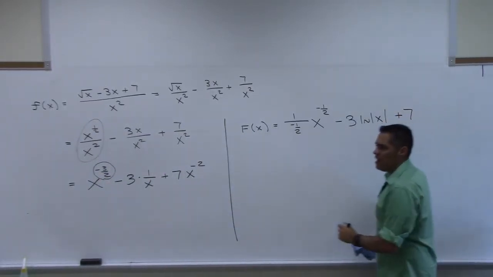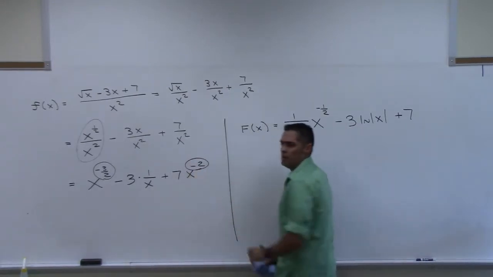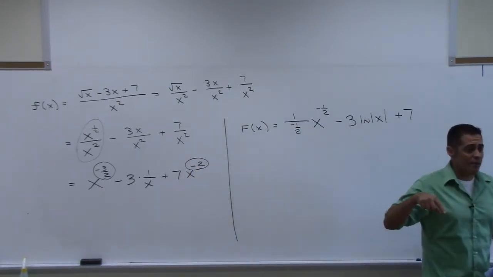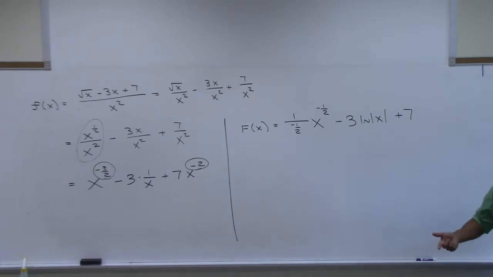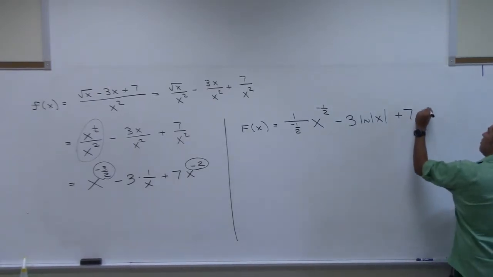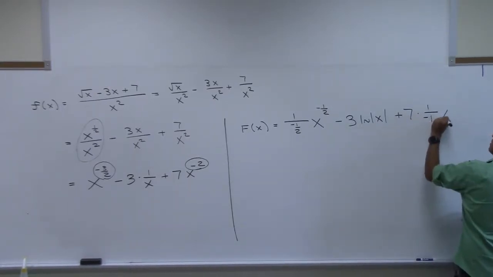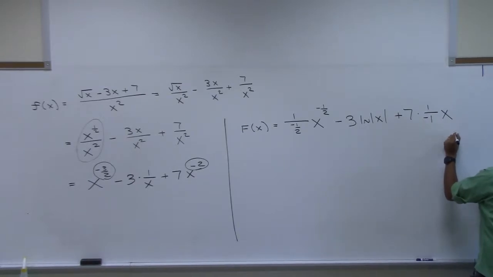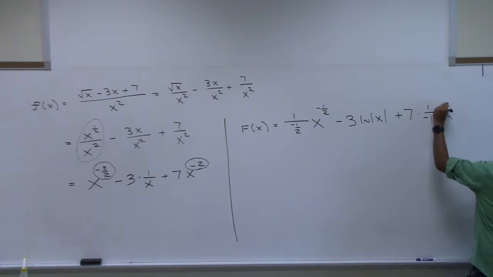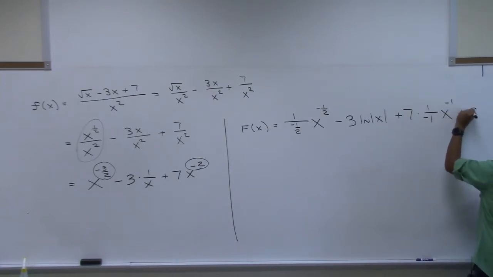And then this time, n is negative 2. So you take negative 2, you add 1, which is negative 1. So times 1 over negative 1 x raised to the, you're adding 1, right? So negative 1. And then don't forget the plus c.